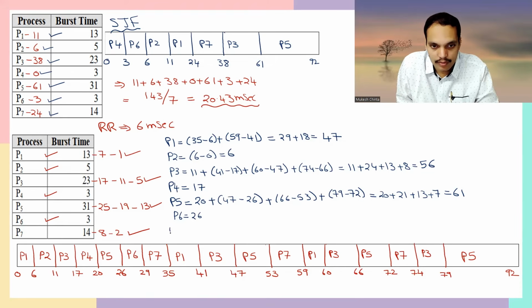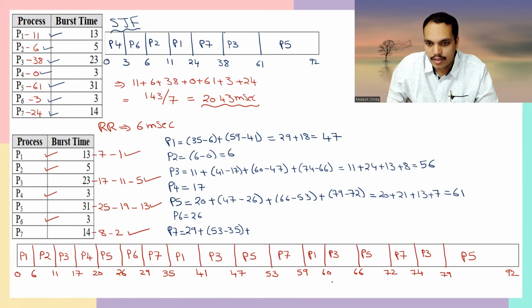What about P7? P7 is equal to, where is P7 here? It first entered at 29 plus 35, it exited at 35 and 53. So 53 minus 35 plus it exited at 59.